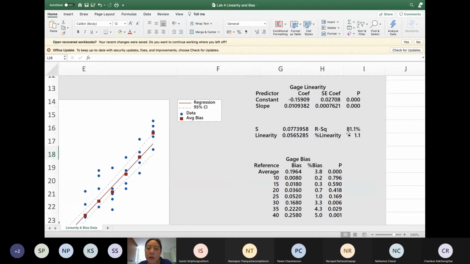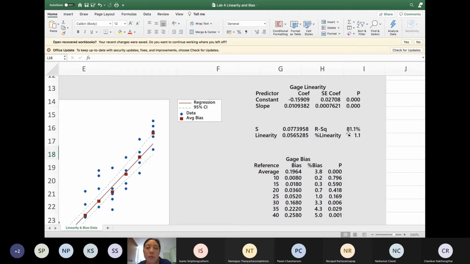But in this case it is 81.1, so you will say that this significant fitted line can explain the overall variation of the data by 81.1%.